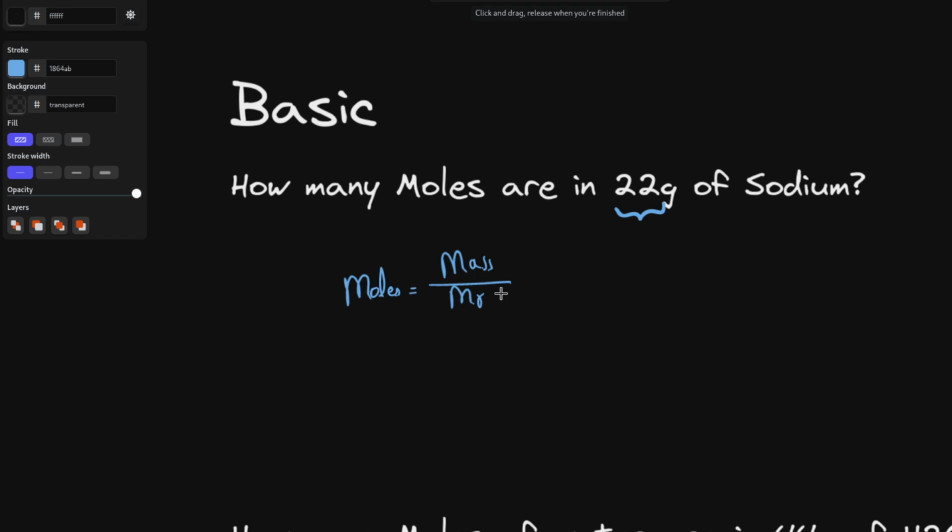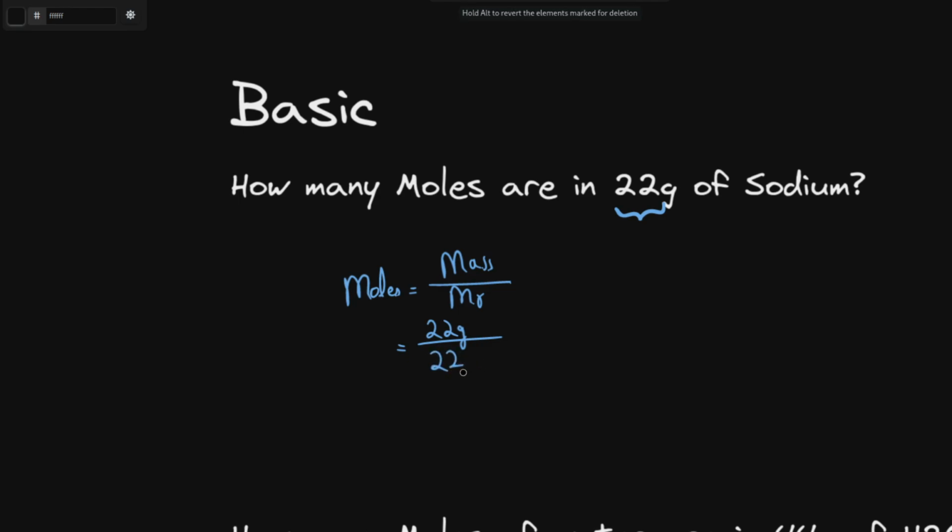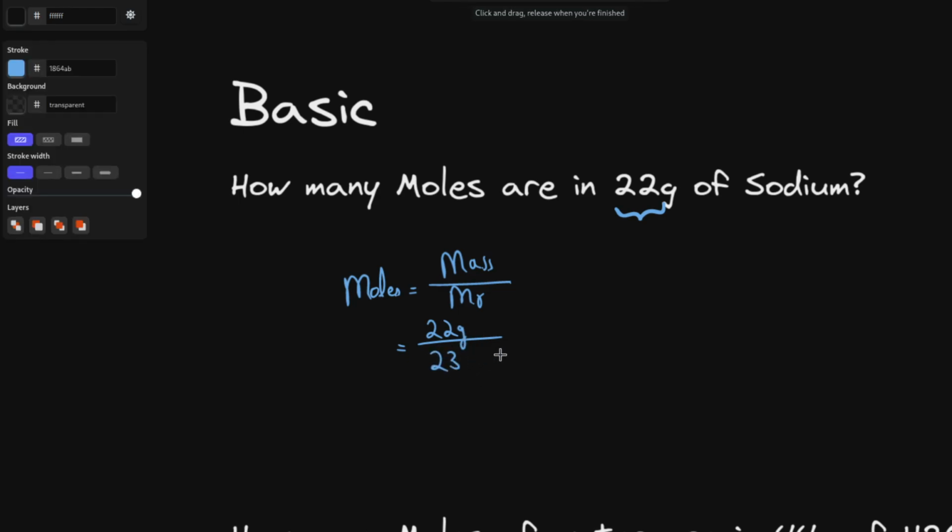Now, the MR of sodium is approximately 23, so let's write it as that. So 22 grams of sodium upon 23 atomic mass units of sodium.